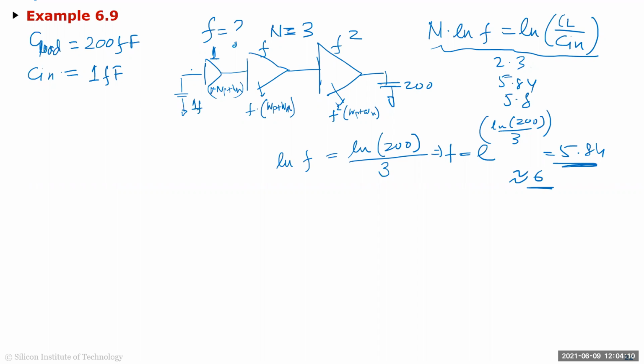So in other words, if you are given 3 stages, so if your boss tells you don't use more than 3 stages, it's going to cost you, just minimize the delay with the 3 stages, then you use this equation and this will give you the minimum. So let's say this size was 2 micron WP and 1 micron WN, then this will be 6 times, so this will be 12 and 6, and this inverter will be 12 times 6, which is 72 micron and 36 micron, right?